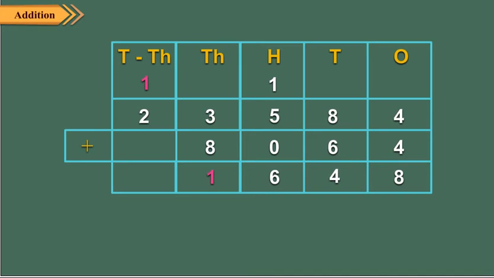So, we write 1 in the thousands column and carry over 1 to the ten-thousands column. Finally, add the ten-thousands. 1 ten-thousand carried plus 2 ten-thousands is equal to 3 ten-thousands. So, write 3 in the ten-thousands place. Thus, the sum of 23584 and 8064 is 31648.